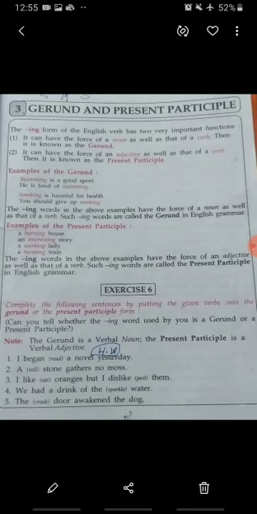You have to change the verb form and also mention whether it is a gerund or a present participle. Gerund is a verbal noun and present participle is a verbal adjective. You have the textbooks. I will read the answers. It is on page number 7, exercise 6.